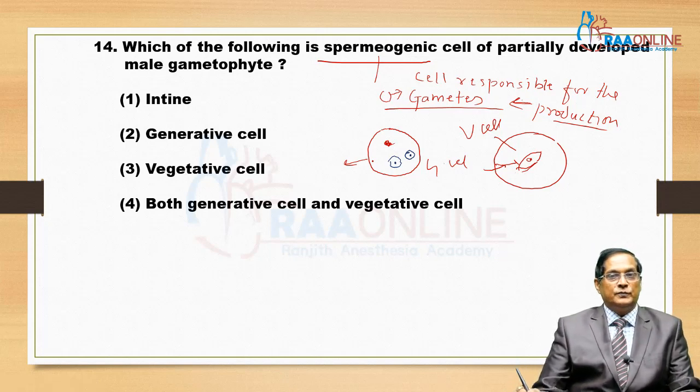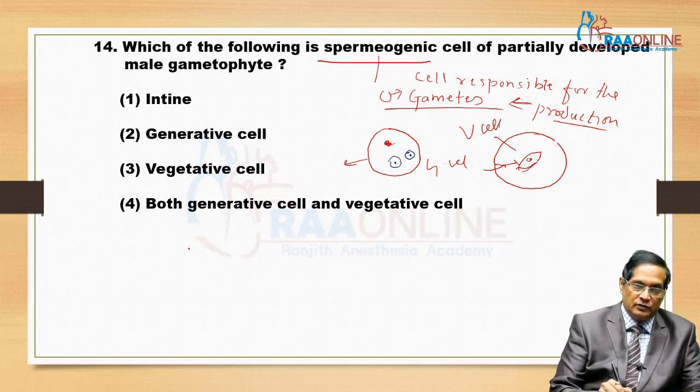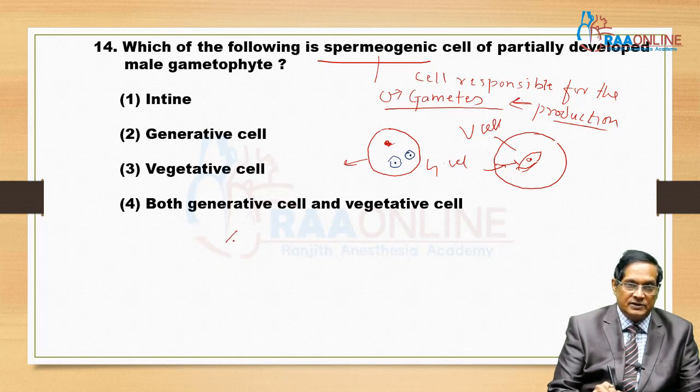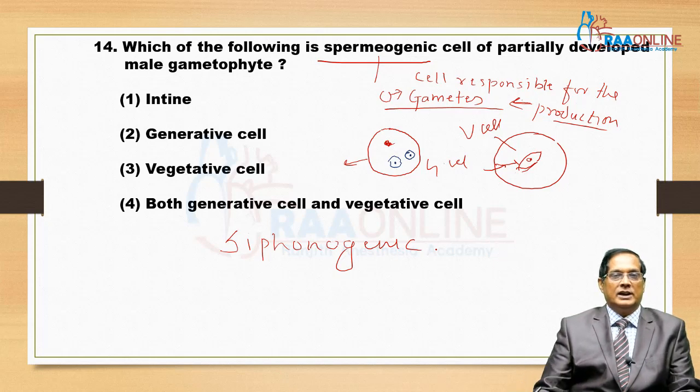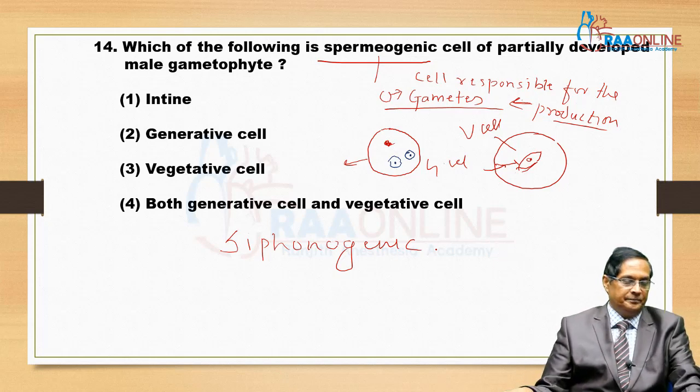So pollen tube forming cell is known as siphonogenic cell. The cell which forms pollen tube is known as siphonogenic cell, and cell which forms male gamete is known as spermiogenic cell.